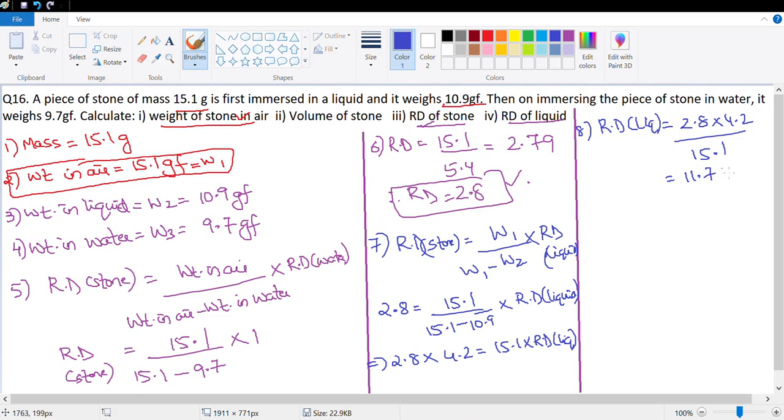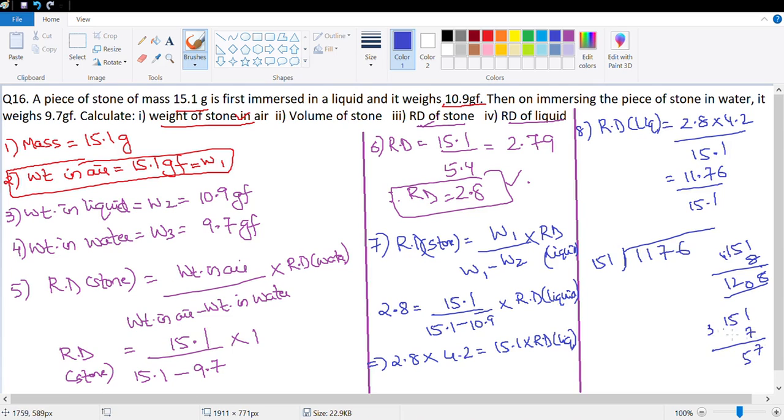So this is 11.76 upon 15.1. Now we'll divide 1176 divided by 151. That'll be 8, I guess. Let's try 8. 8, 5 into 8, 40. 8 into 1, 8 plus 4, 12. No, that'll be 7. 151 into 7. 7 into 5, 35. 7 into 1, 7 plus 3, 10.